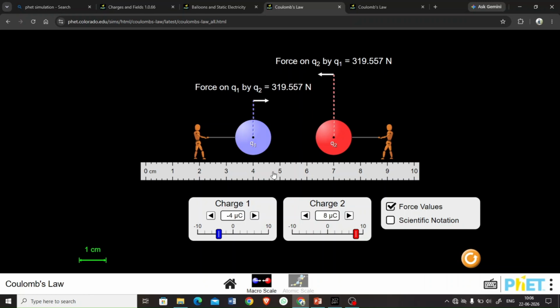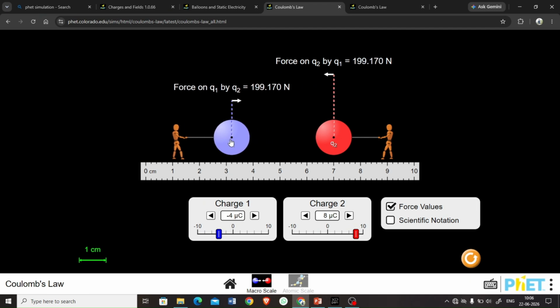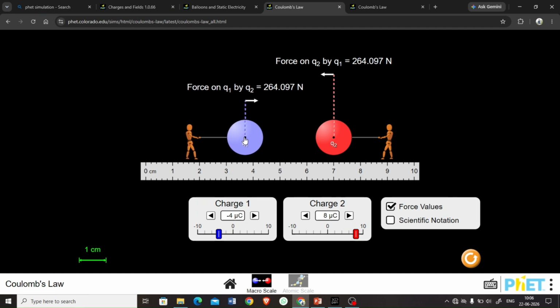If the charge is the same and I change the distance, then also the value is different, which shows it also depends on r. This is the illustration of Coulomb's law.